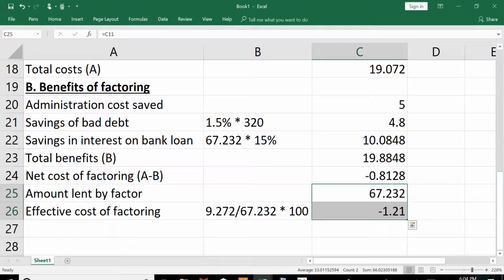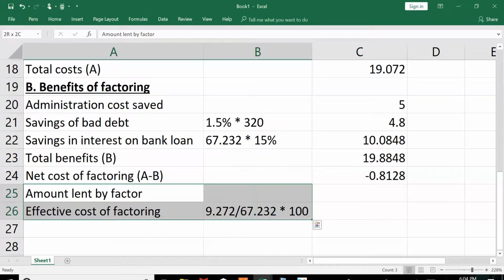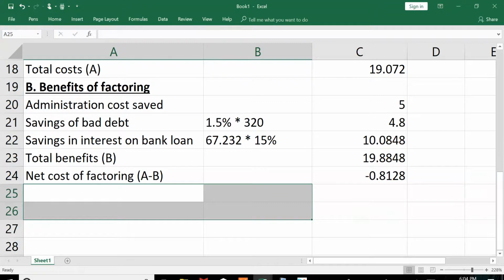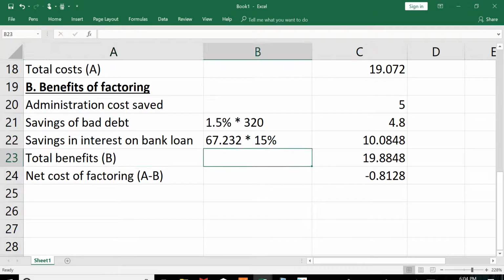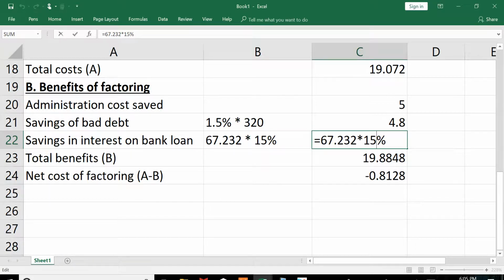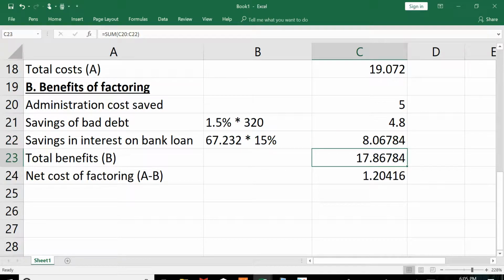Indirectly, your net cost of factoring is negative, which means there is a net saving out of a factoring arrangement, because we are saving more than what we are spending. The reason for that was this is a 15% number. If I do a 12% number, because our effective cost was 13.79, you will see factoring is of no use. You are spending more in factoring than in a bank loan.